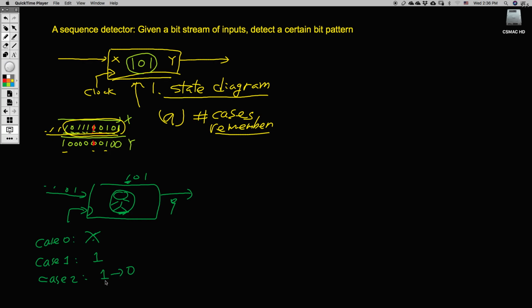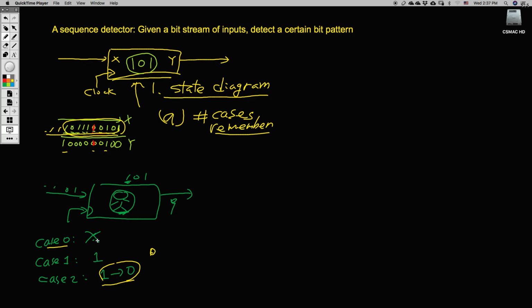not. So suppose you are in this state, where 1 and then 0 have been entered. Just remember that at this moment, if another 1 enters, then say that the bit pattern has been detected. If it's a 0, then it's not the pattern, so go to case 0.